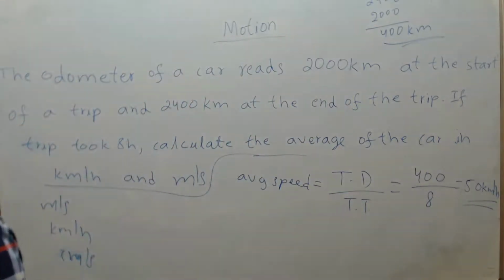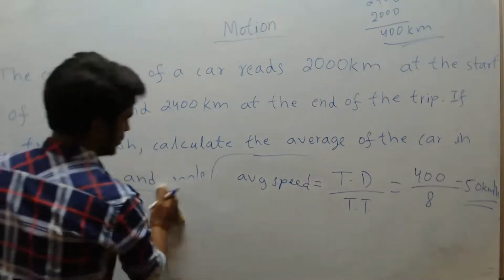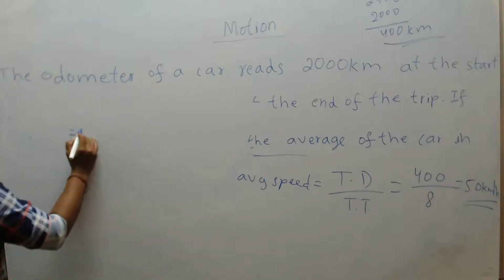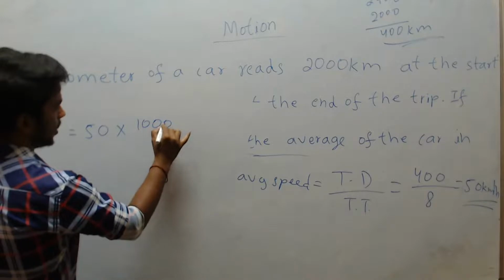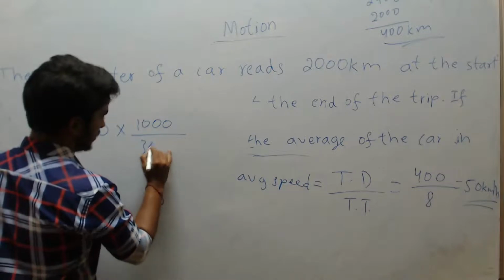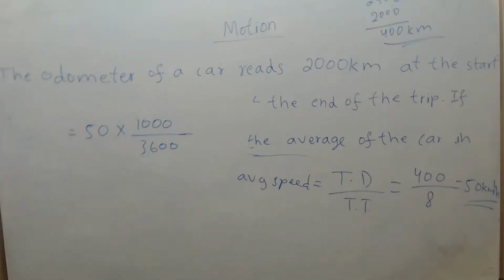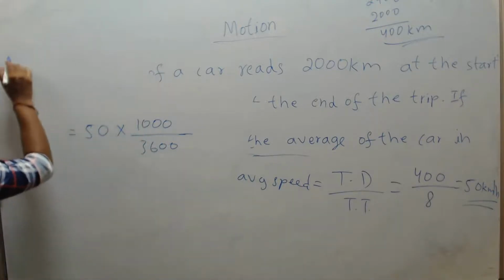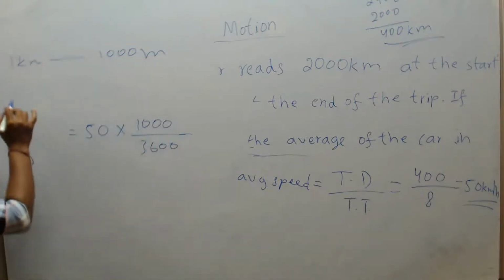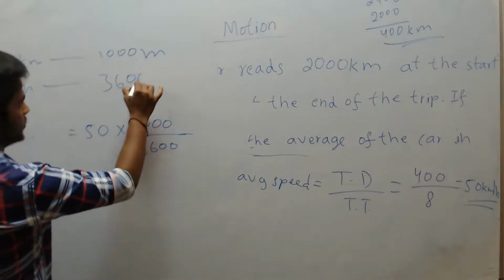So now convert into meter per second. How to convert into meter per second? If you want to convert from kilometer per hour to meter per second, just multiply 50 into 1000 divided by 3600, because 1 kilometer is equal to 1000 meter, then 1 hour is equal to 3600 seconds.